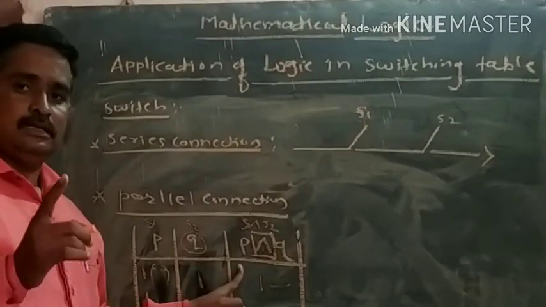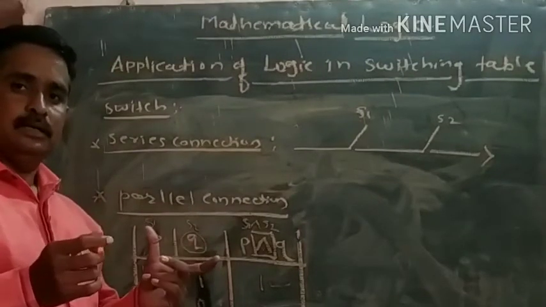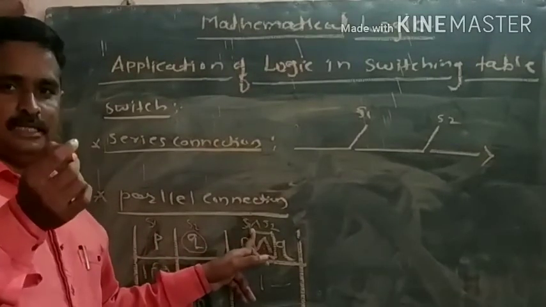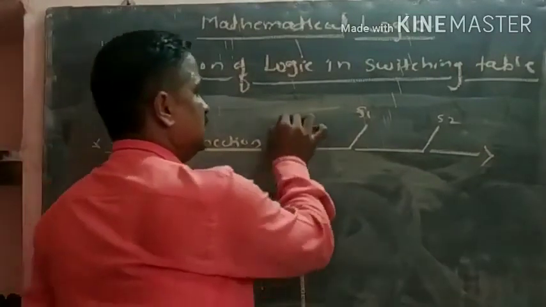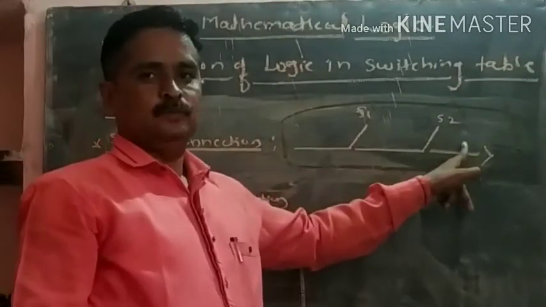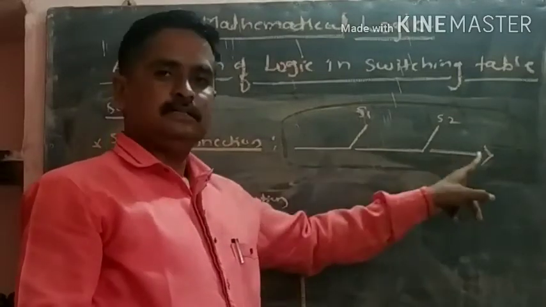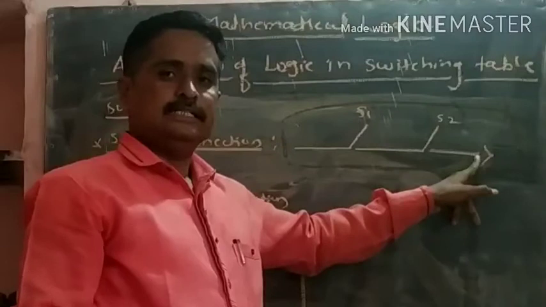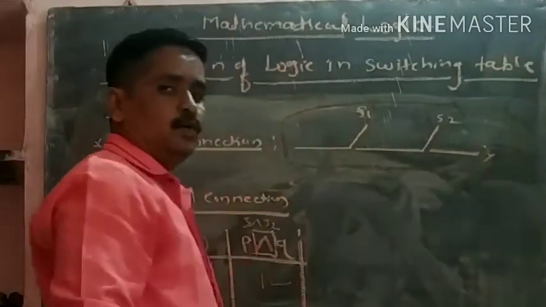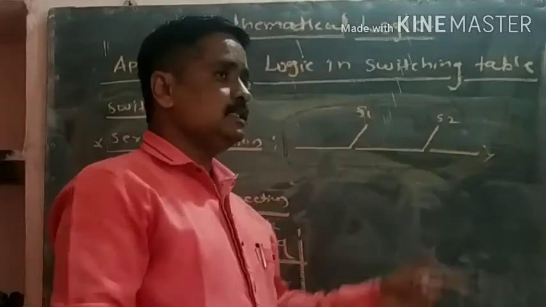So while we study an input output table, always compare a conjunction with series operation. Consider this figure: S1 and S2, two switches, are connected in series direction. We have to check what is the chance for the light to glow.